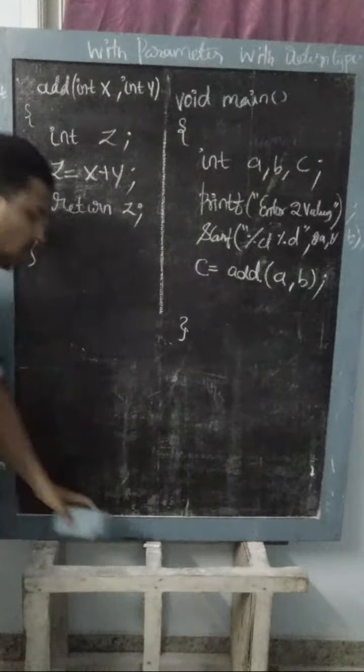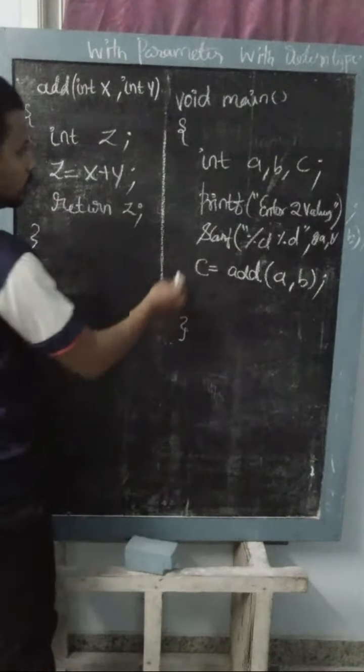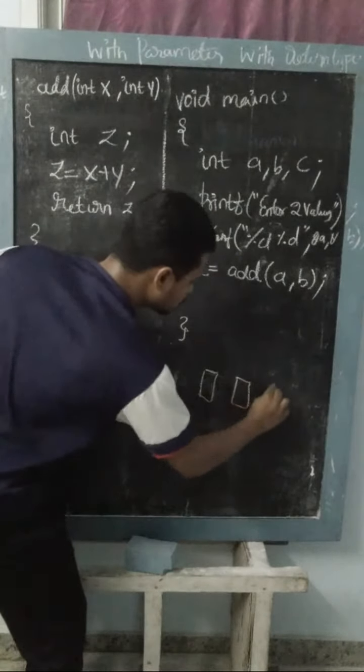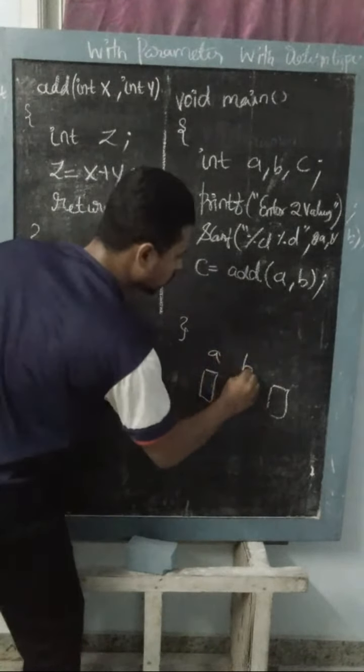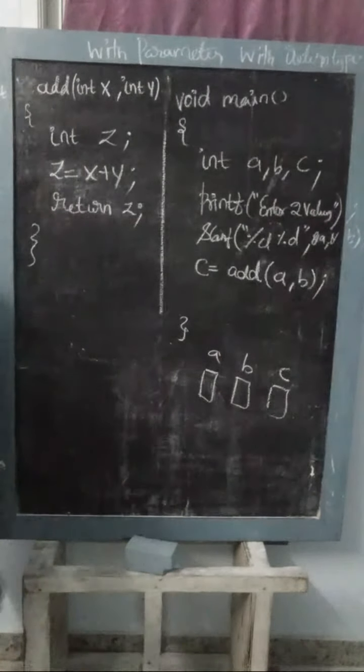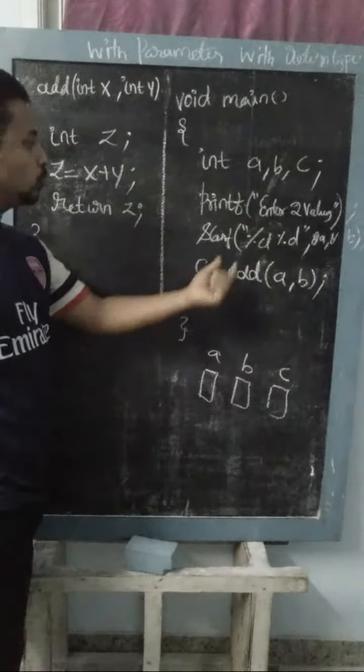Okay, so how will the function work? We are creating 3 memory boxes: one is called A, another is called B, and another is called C. And we enter the 2 values. We are getting the 2 values.